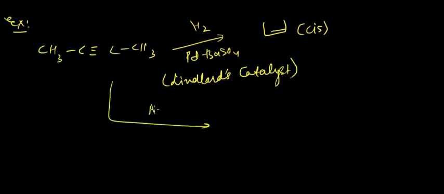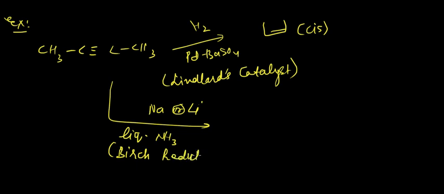And if we pass it through sodium in the presence of liquid NH3, this is also called Birch reduction. We have discussed all these reactions in previous lectures, so we will be getting a trans alkene.